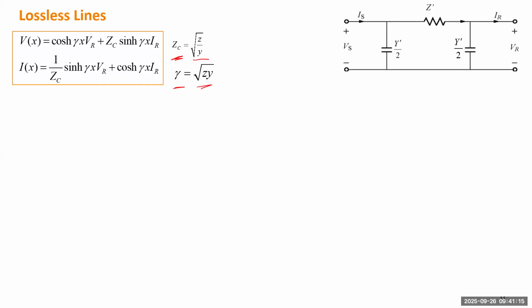When the line has no loss, both R and G will be 0. So ZC will become the square root of L divided by C. The unit for ZC is ohm.